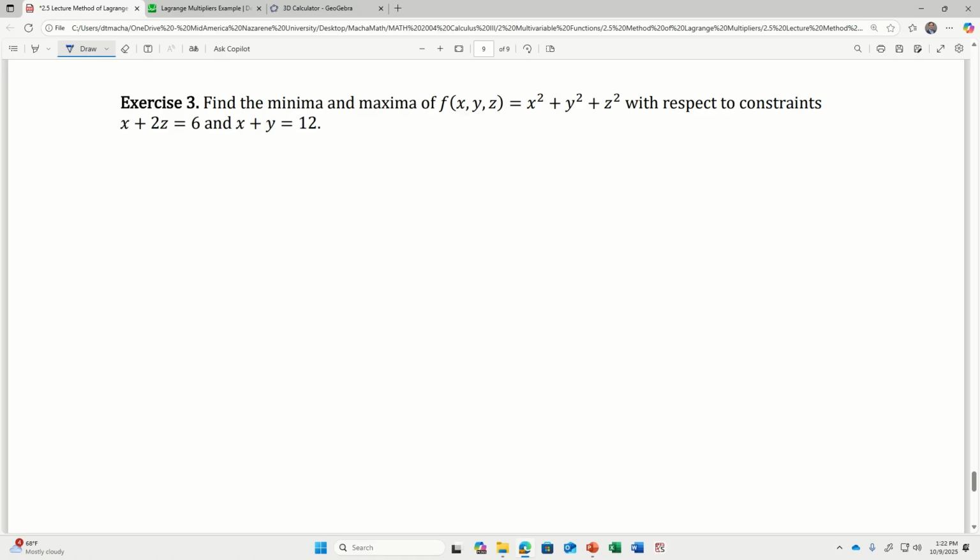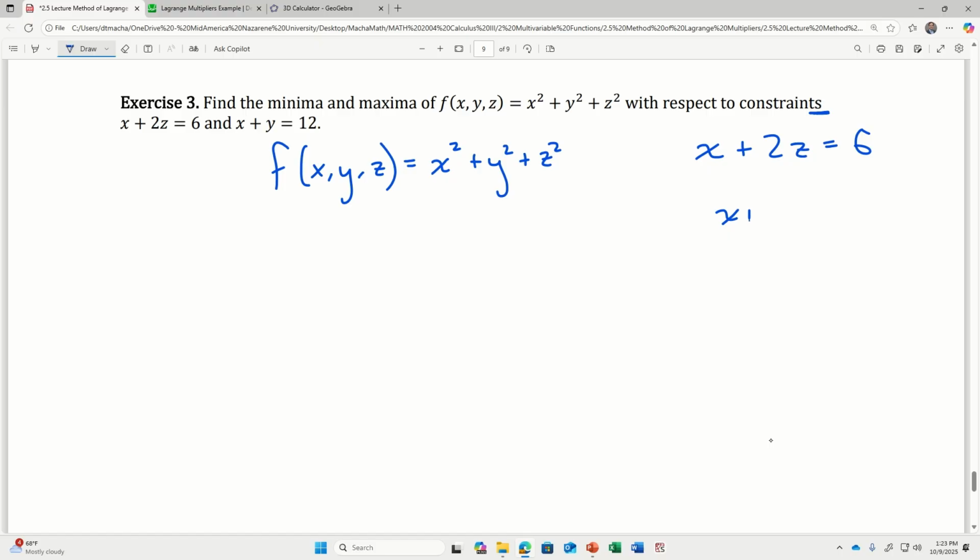Find the minimum and maximum of this function. Again, this function is a scalar field. It assigns a scalar value to every point in space with an x, y, and z coordinate. And this time I have constraints, plural. I have 2 constraints: x plus 2z equals 6 and x plus y equals 12.